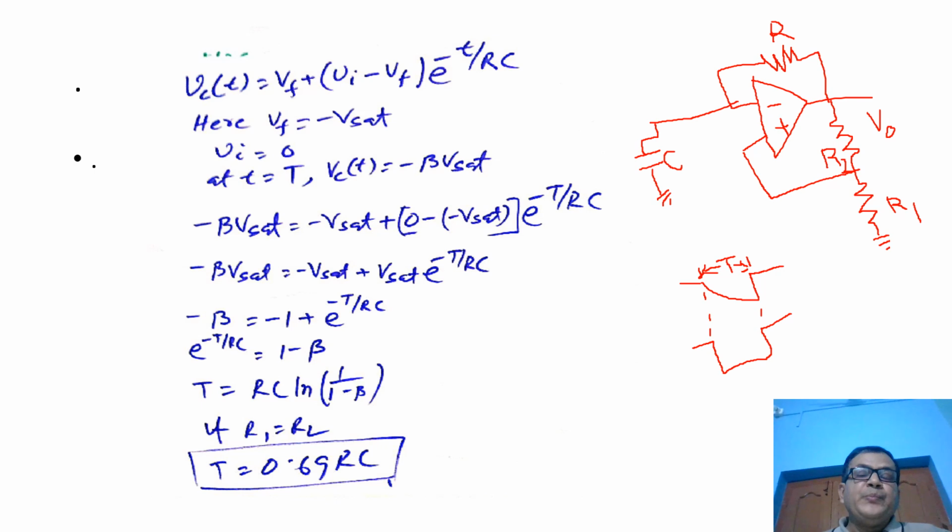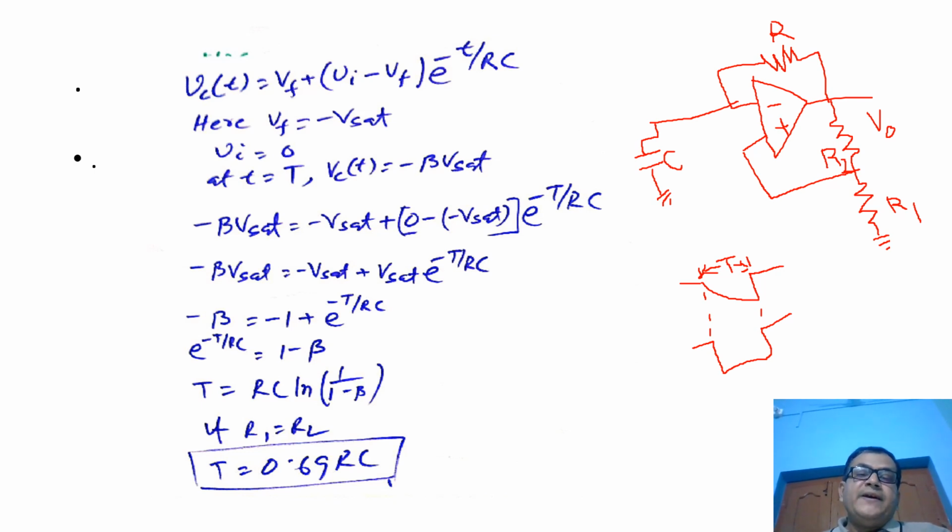Time t is the required time. Now in this example, we know what V final is: the voltage due to which it is getting charged or discharged. The capacitor was charging negatively due to minus Vsat, so minus Vsat is the final voltage. The initial voltage is 0, as we have considered an ideal diode.